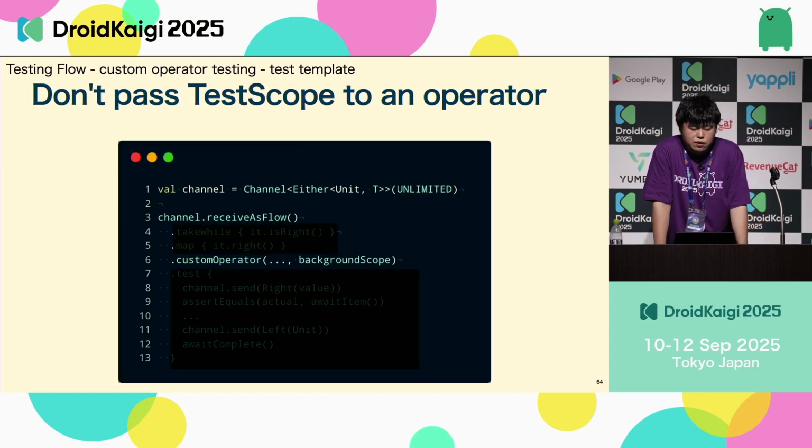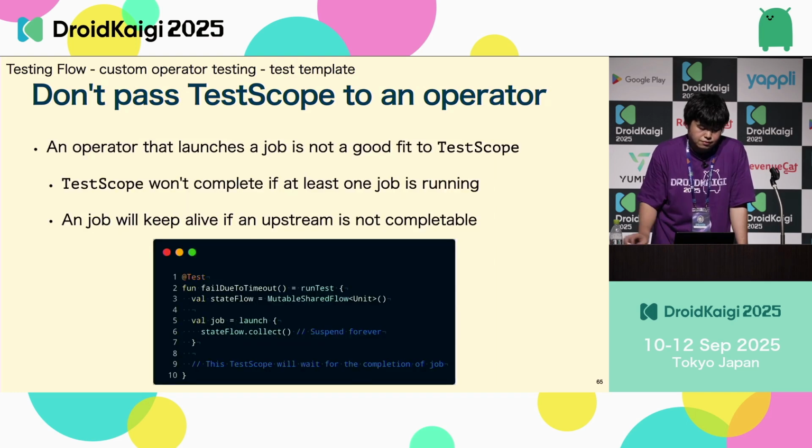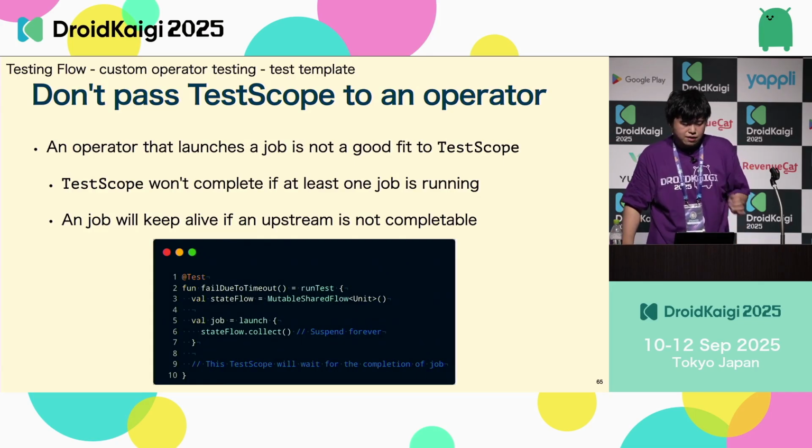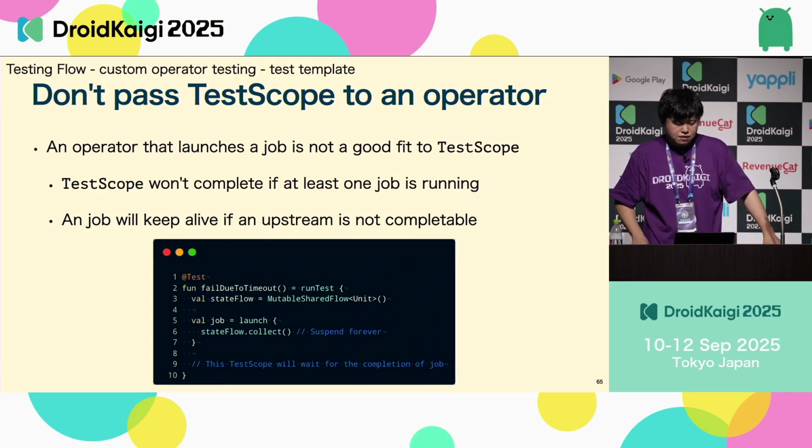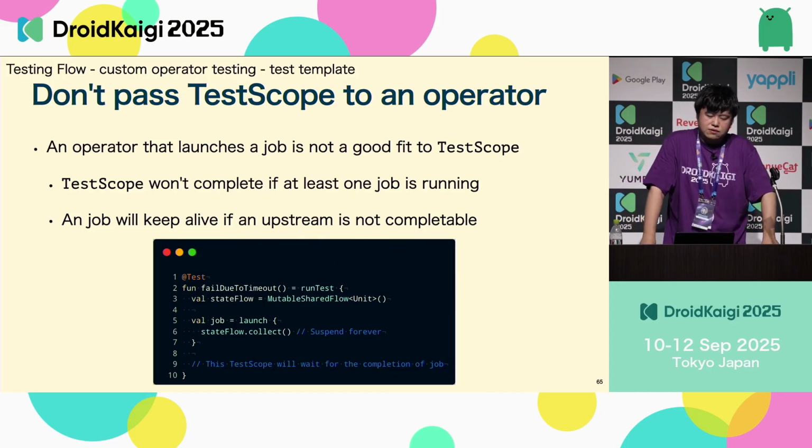If a custom operator takes a coroutine scope, don't pass test scope, but use background scope or custom scope you can manage. Test scope is very popular for coroutine testing, and I often use it, of course. But it's not always good for flow testing.